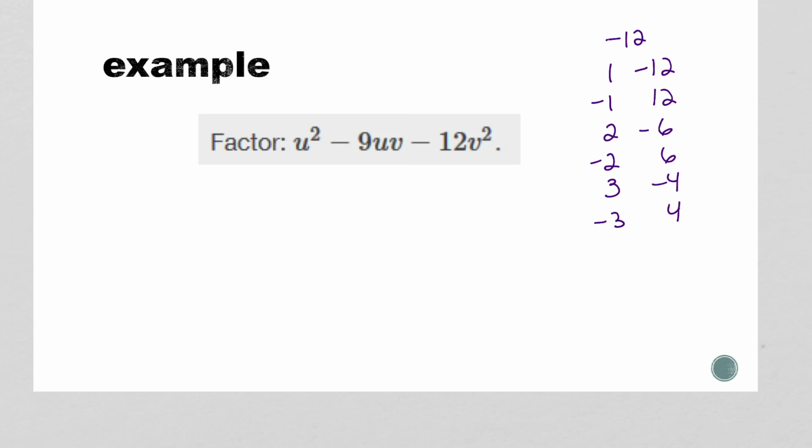I don't know that I see any that add up to be -9. This adds up to be -11, +11, -4, +4, -1, +1. I don't see any that add up to be -9. So on this one, I would definitely call this prime.